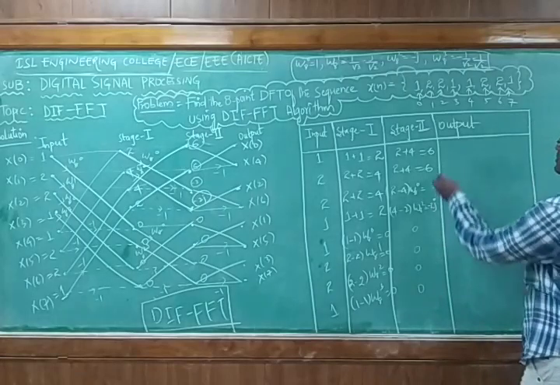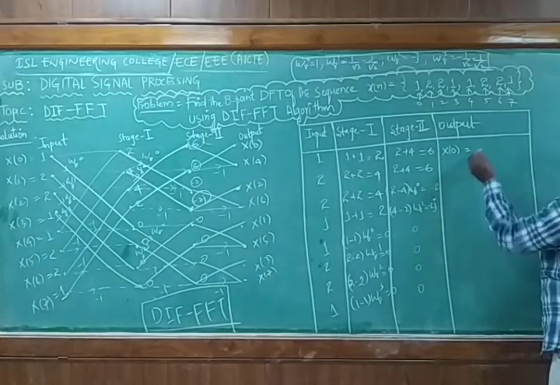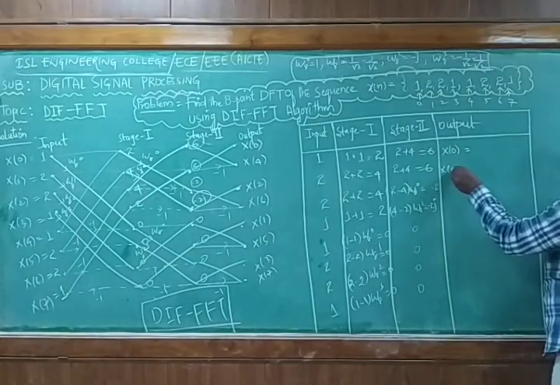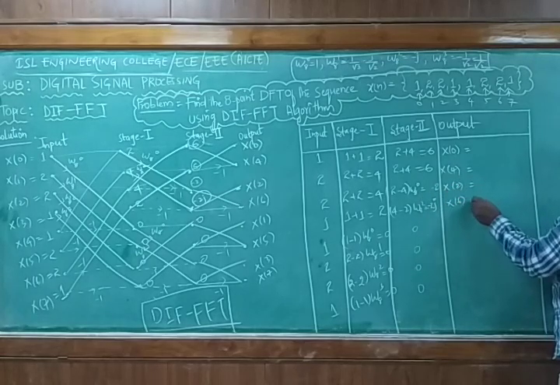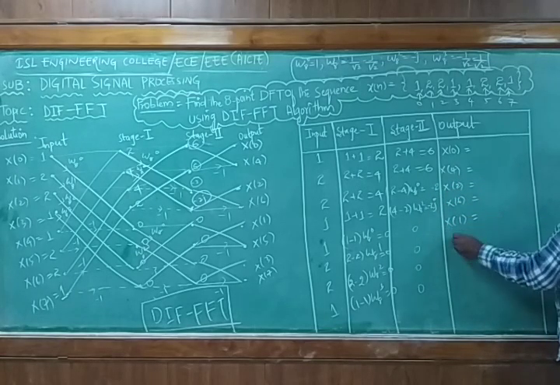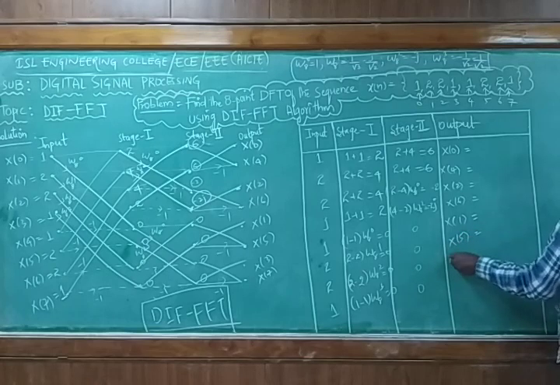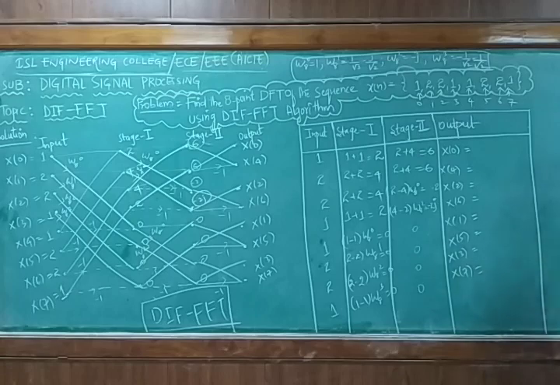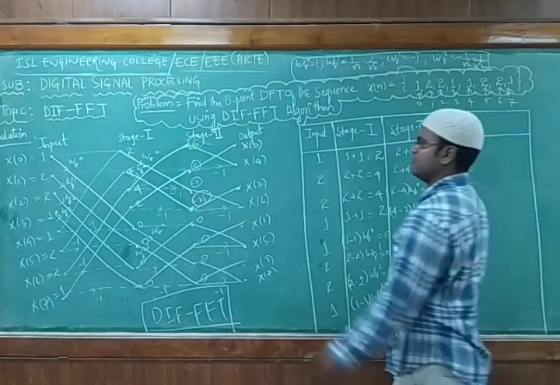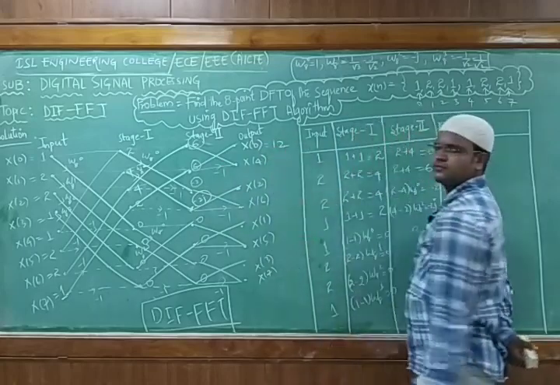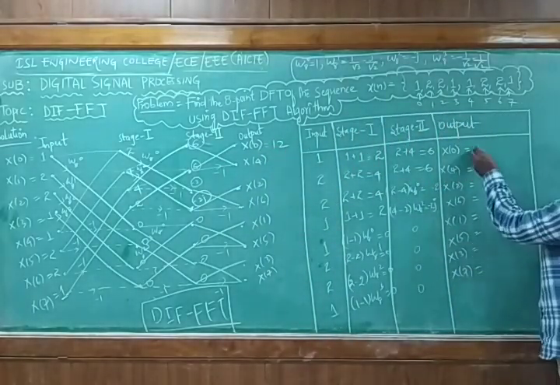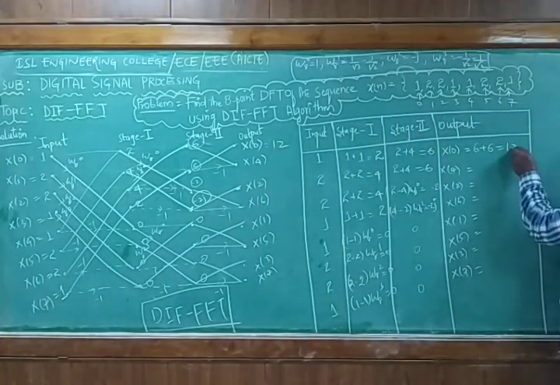Next we need to write the output X of 0. What is the output X of 0? X of 0 first, next X of 4. X of 2 with X of 6. Next X of 1 with X of 5. X of 3 with X of 7. So we need to write those values. How do we write X of 0? Input 6 plus 6, it is 12.